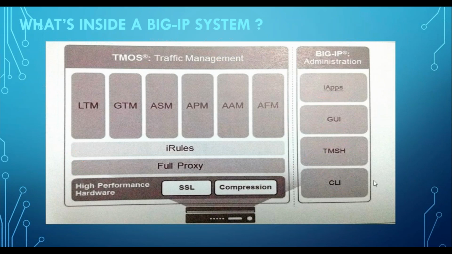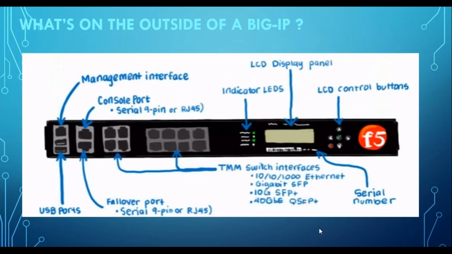Now let's look at how this device looks from outside. This is how a typical F5 product will look. You will have a management port wherein you will configure your management IP addresses for remote access.